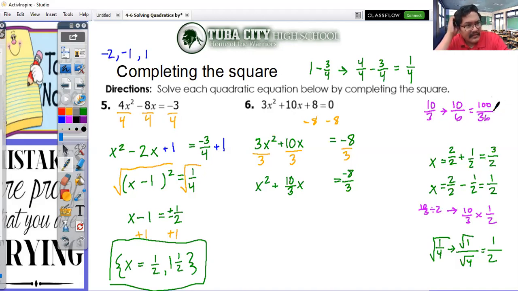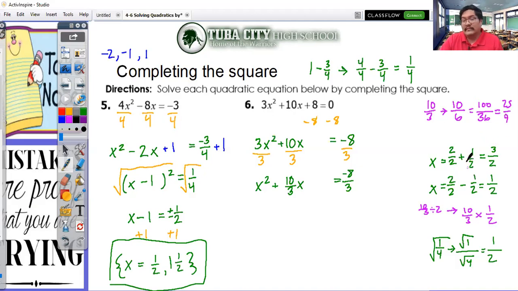Now, that's not really needed here because we could just divide both of them. Think of the largest number we could divide out of both of these numbers. I want to say 4. 100 divided by 4 is 25, and then 36 divided by 4 is 9.